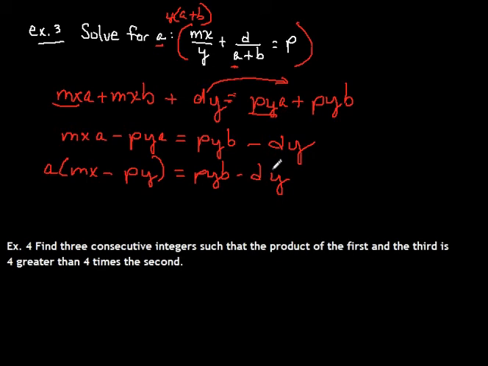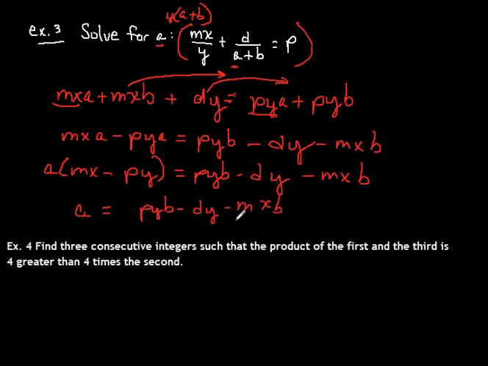I lost something. Aha! I forgot to take this guy over there too. Minus MXB, minus MXB. Now we just divide both sides by what's in parentheses. So we get A equals PYB minus DY minus MXB all over MX minus PY.